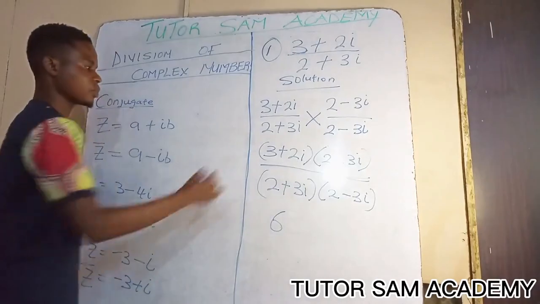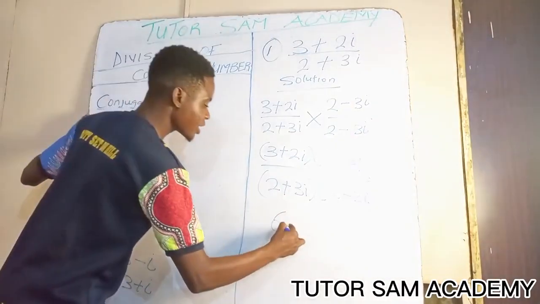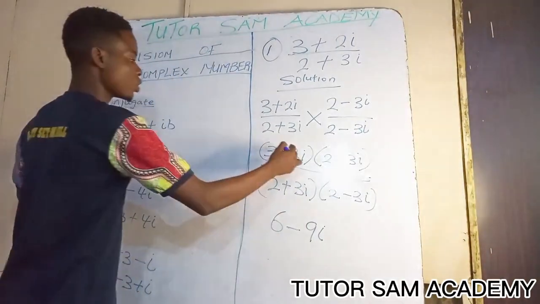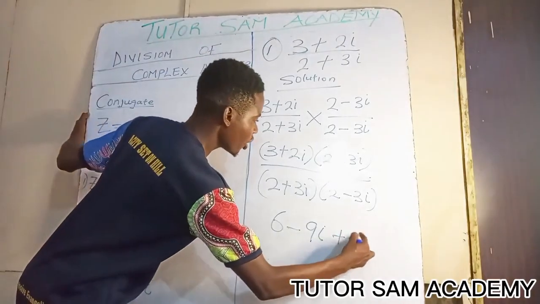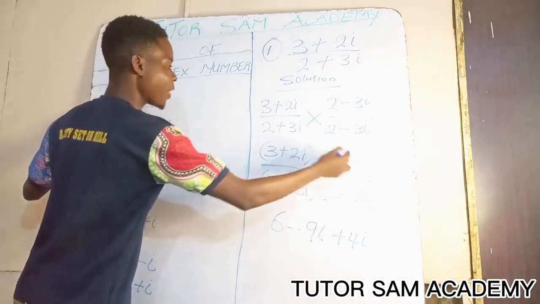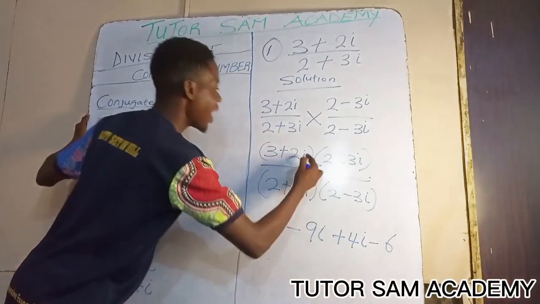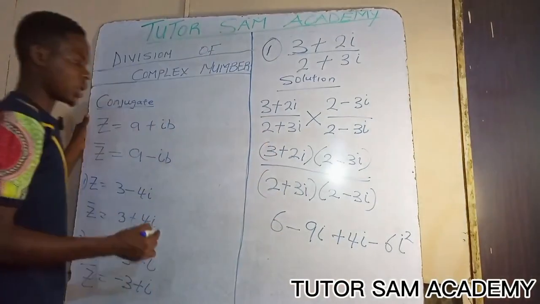6, right? 3 multiplied by minus 3i gives us minus 9i. Plus 2i multiplied by 2 gives us 4i. Then 2i multiplied by minus 3i gives us minus 6i squared. Are we together?